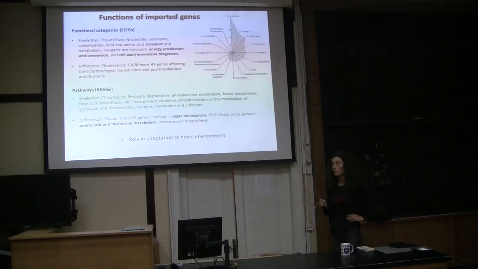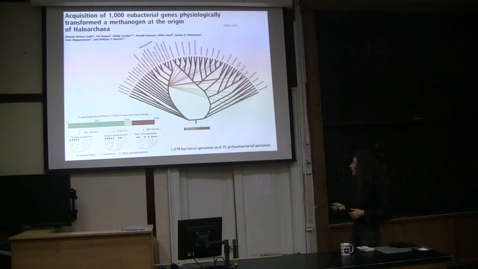So this is a very important function. These functions have to do with the membrane, and this suggests that these genes have played a role in the adaptation to a novel environment, because the membrane is the immediate contact with the surrounding environment. So this is something to think about.